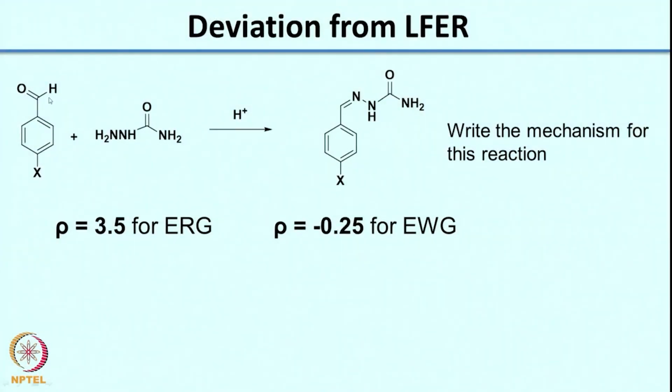So you have formation of semicarbazone. You are interacting the aldehyde with the NH2 here to form the product. What is seen is depending on the nature of X. If you have electron releasing groups, the rho value is found to be 3.5, whereas if you have electron withdrawing groups, the rho value is found to be minus 0.25.